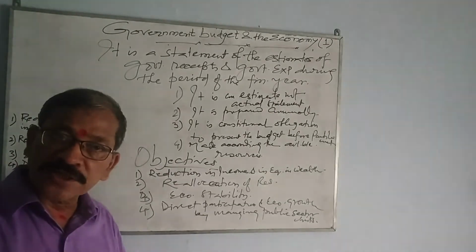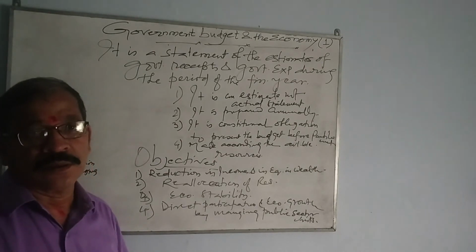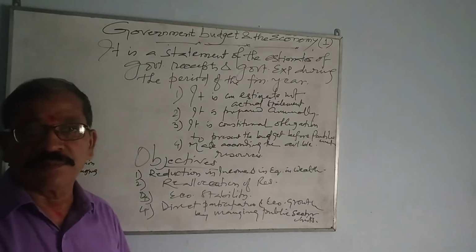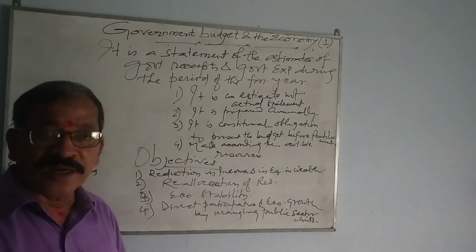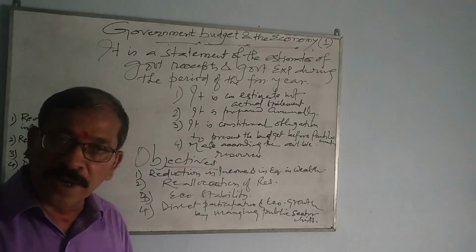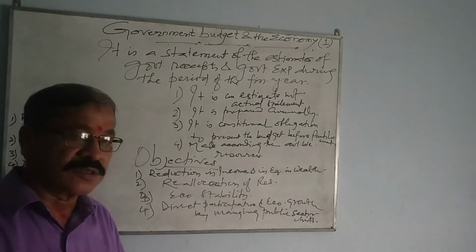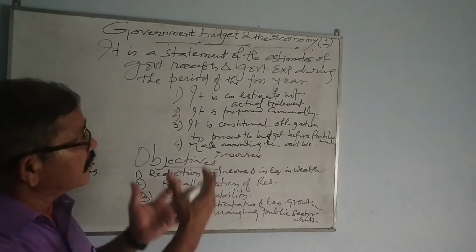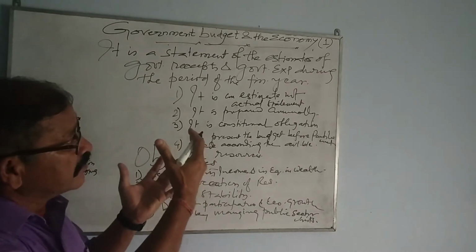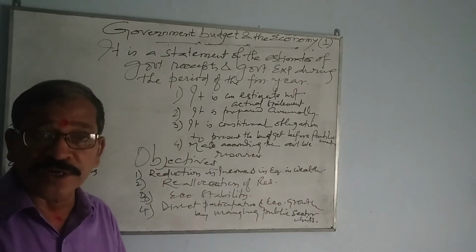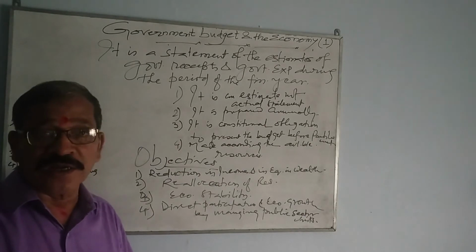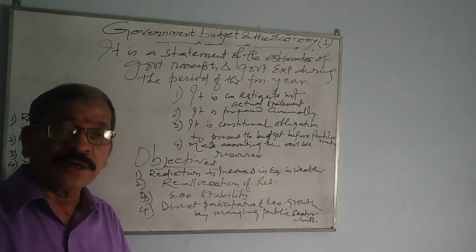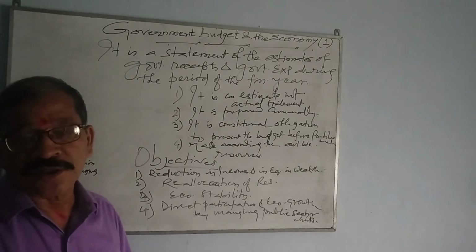The budget is prepared by a team of experts under the leadership of the finance minister, and it is presented before the parliament. Once it is voted in favor, the statement of estimates of revenue and expenditure finally comes into force, and that particular year goes with the guidelines of the budget.